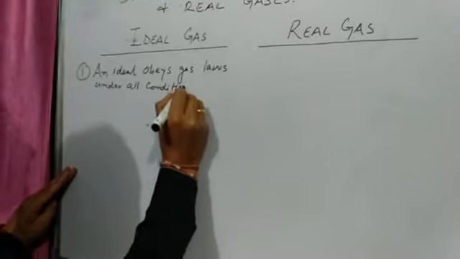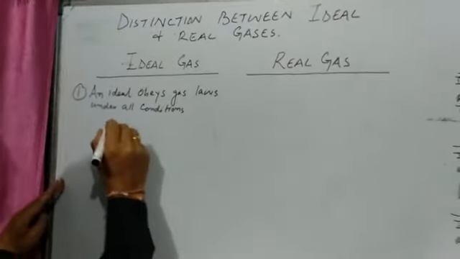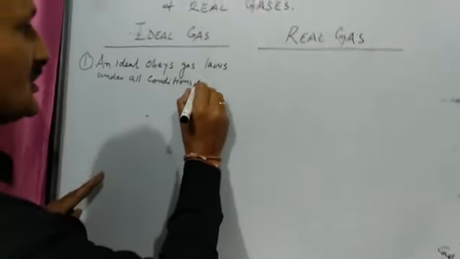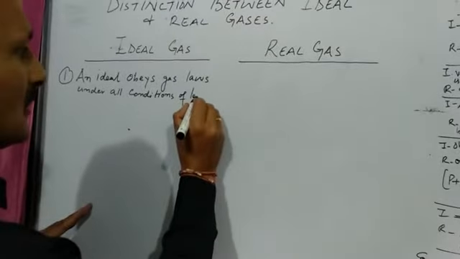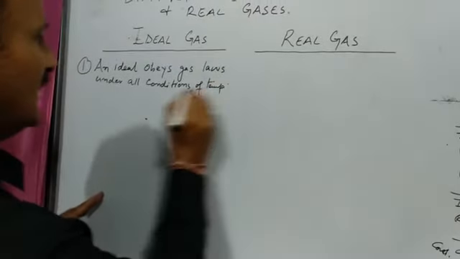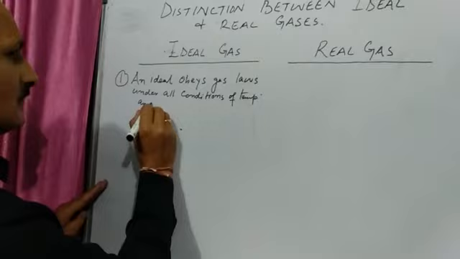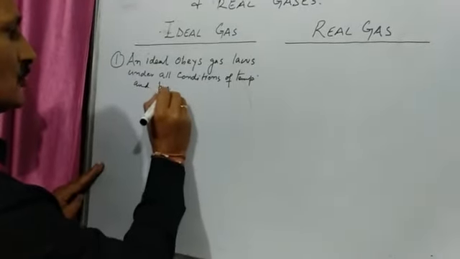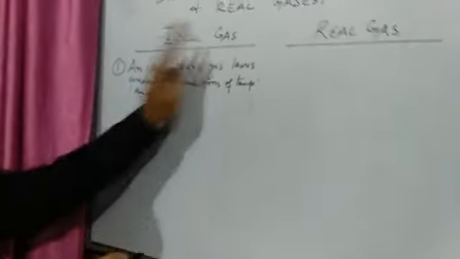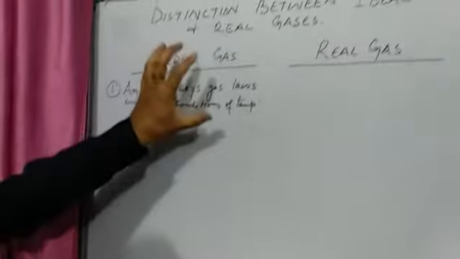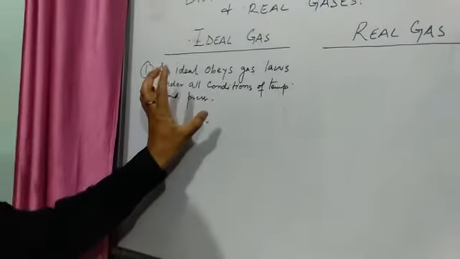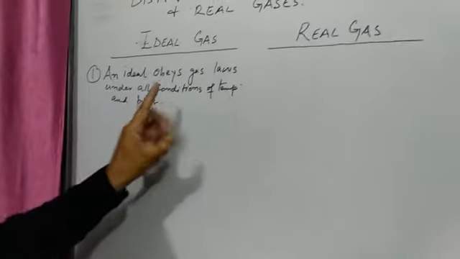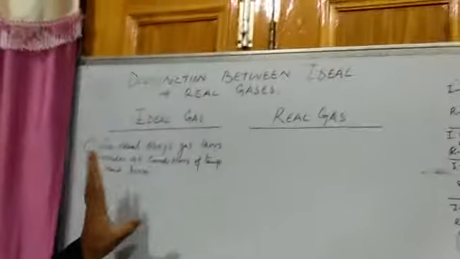There should be no bar of temperature and pressure. So, what are ideal gases? Ideal gases are those which obey gas laws under all conditions of temperature and pressure.